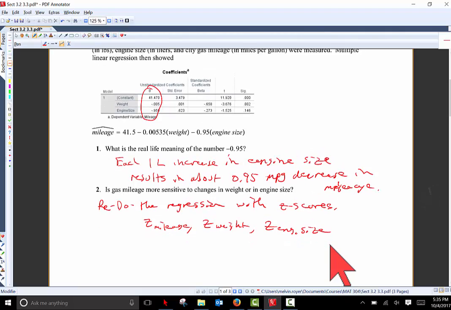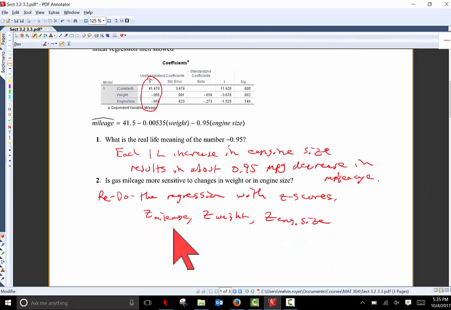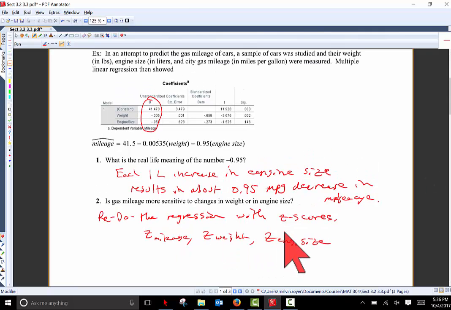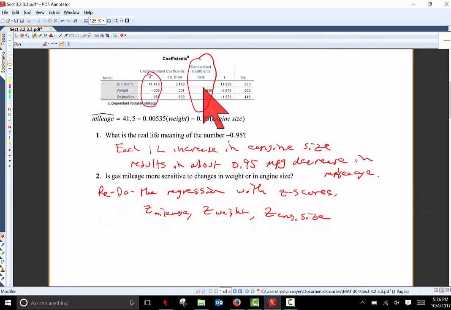And then let's do regression of predicting z mileage in terms of z weight and z engine size. And that's quite a bit of computation, but SPSS doesn't care, and you get the so-called standardized coefficients right here. And that's what can be used to compare.